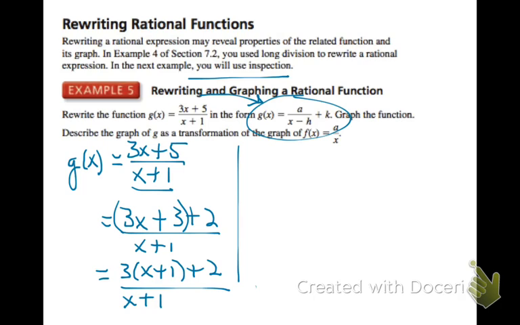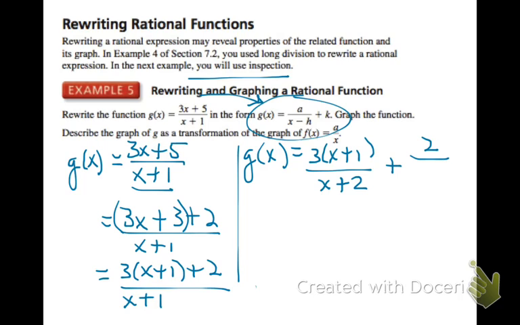Now that seems a little random and strange, but here's what we can do with that. Now we can take the denominator and split up the numerator with that denominator. So we can do 3 times x plus 1 over x plus 1, and then we can split up plus 2 over x plus 1.